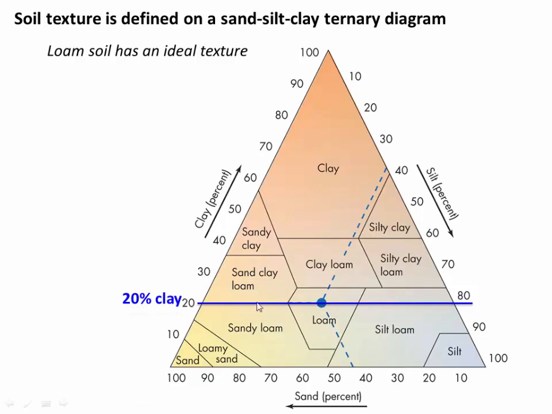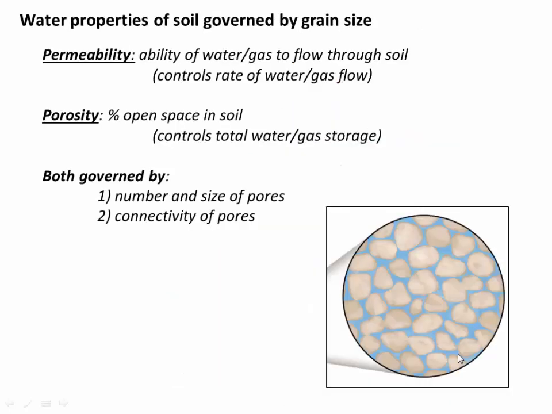It's essentially 20% clay, 40% silt, and 40% sand. Okay? Right here in the middle, a nice mixture of clay, sand, and silt. And that's an optimal texture because it optimizes the retention and the flow of water and gas through the soil.